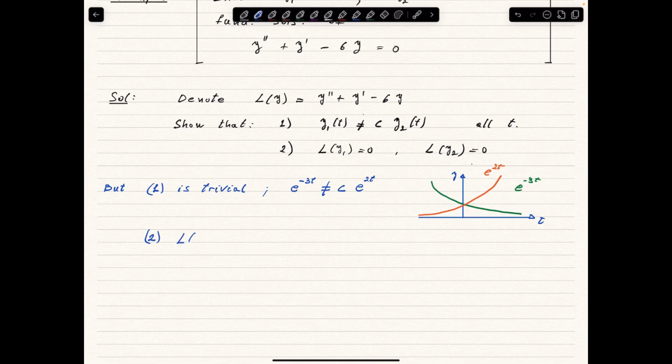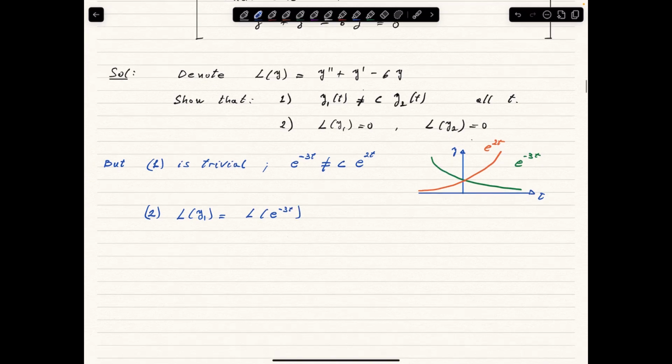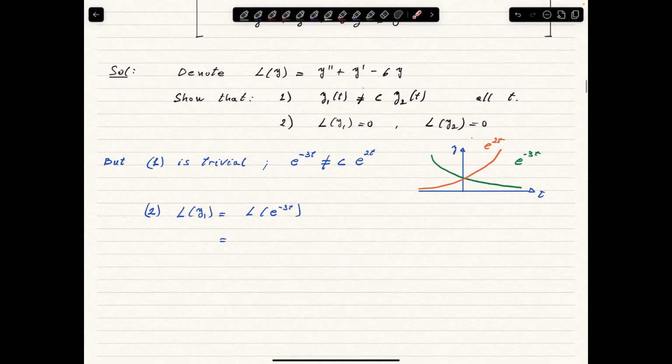So what is L acting on y1? This is L acting on the exponential of negative 3t. What is that equal to? Recall, this is our definition of L. What we need to do is grab this exponential, negative 3t, and compute two derivatives.